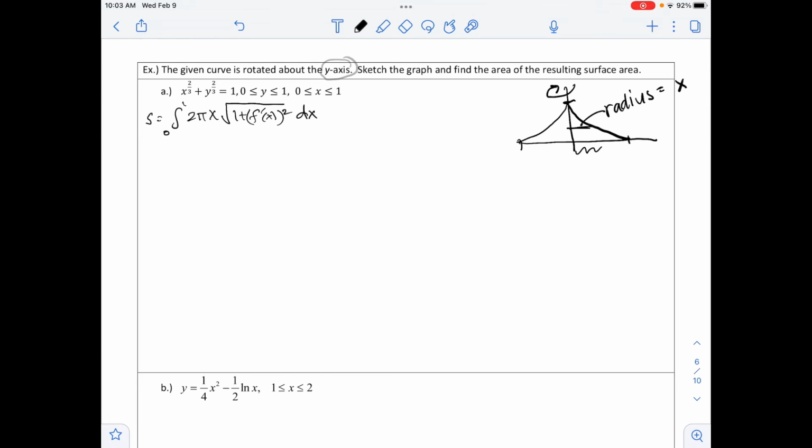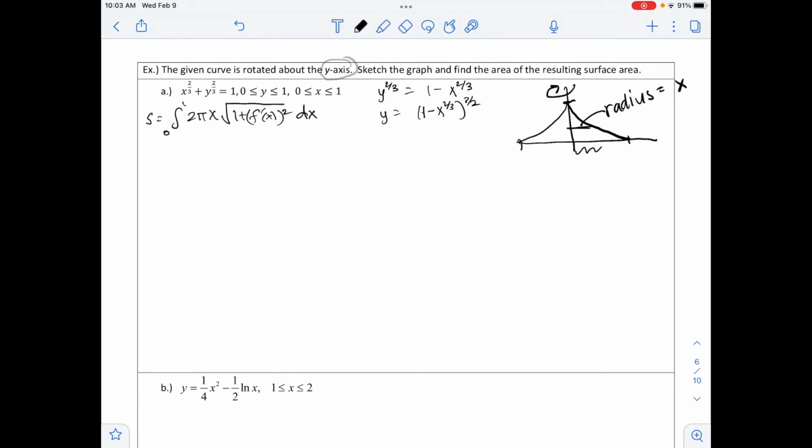And so doing that, if you were to get y by itself, you would have y to the 2/3 equals 1 minus x to the 2/3. So y is equal to 1 minus x to the 2/3 raised to the 3/2.